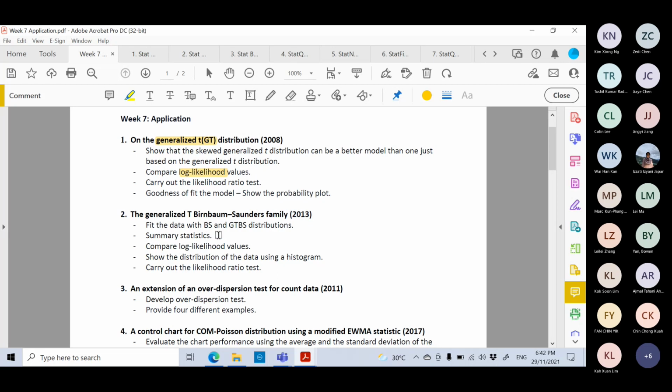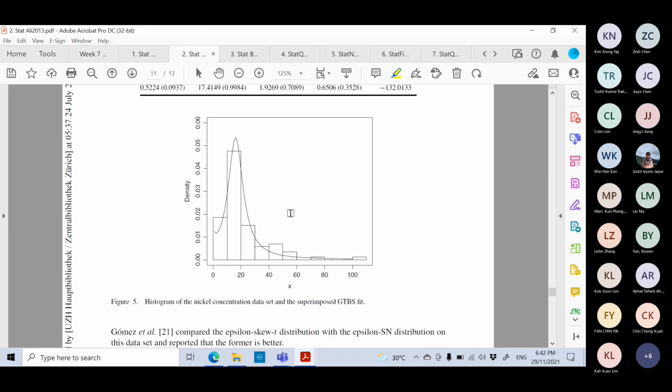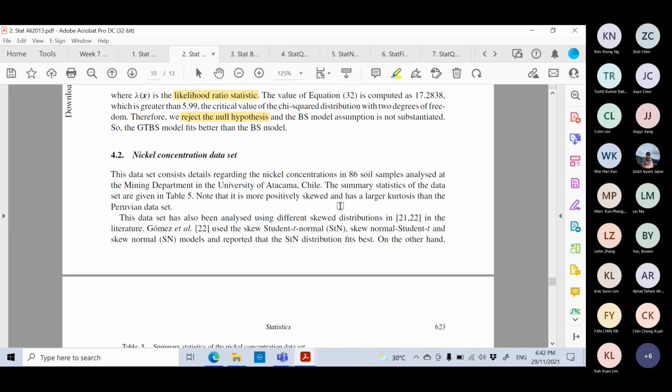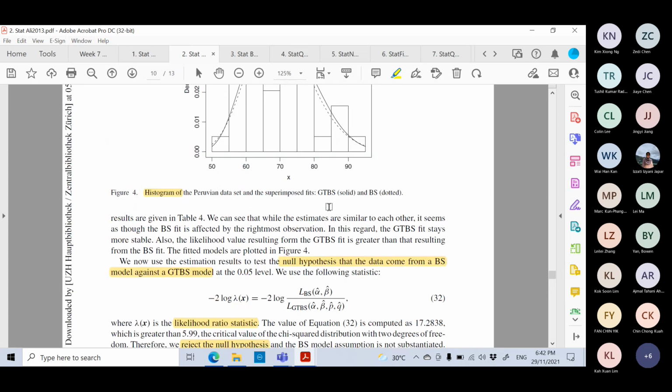On top of that, they also provide a summary statistic to show the mean and variance of the data set. But I'm not sure whether they make use of the summary statistic or not.